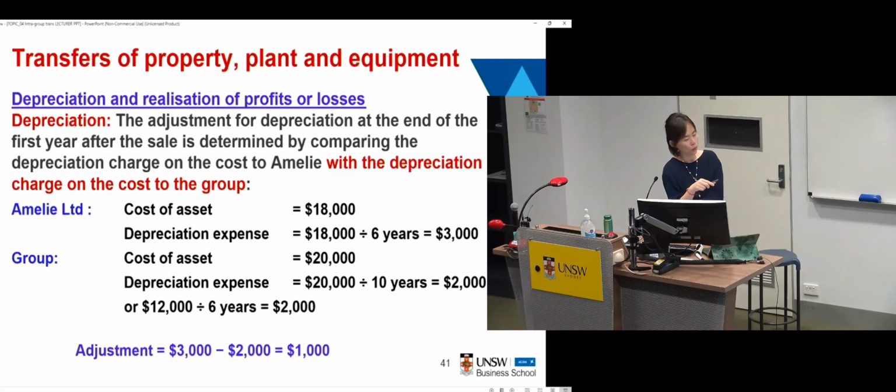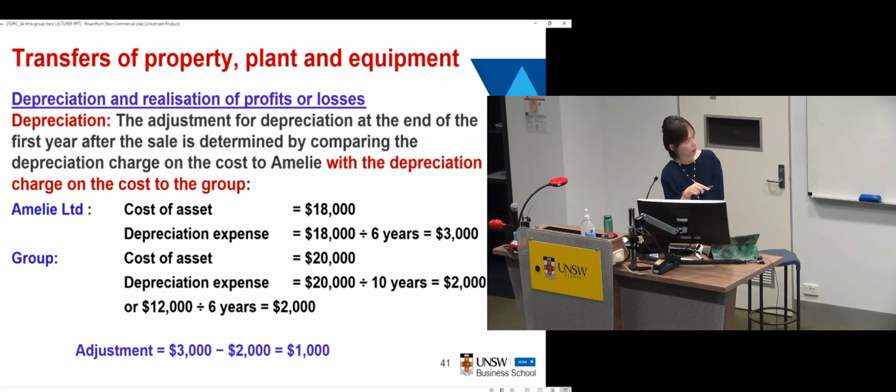Well, from the group viewpoint, the remaining depreciation amount is actually represented by the carrying amount immediately before the transfer, that is 12,000 divided by 6 years, which is 2,000. Or we can use the original cost divided by 10 years, which is the total useful life, right? Also 2,000.